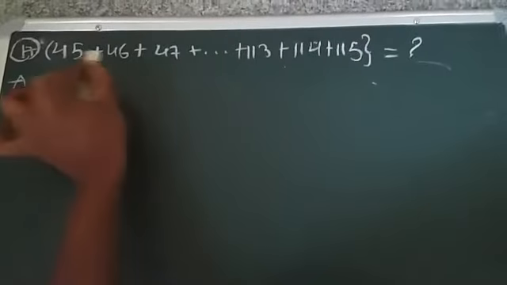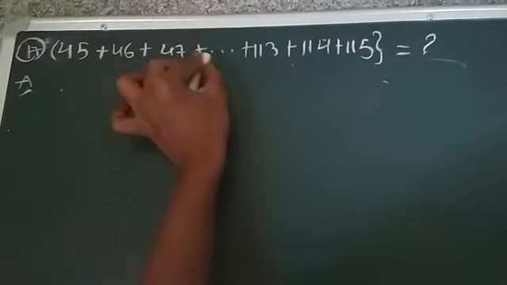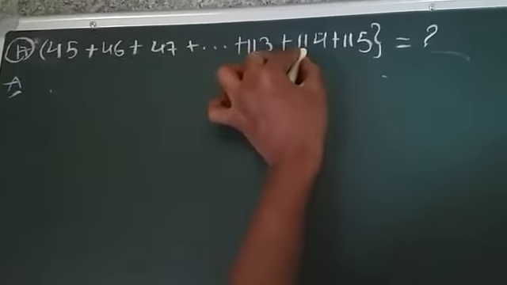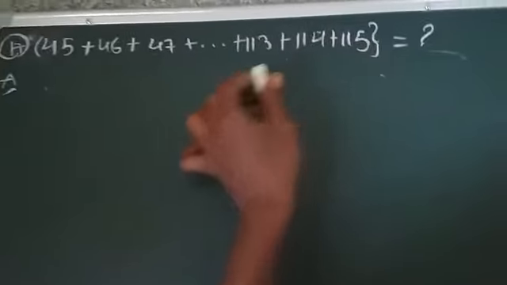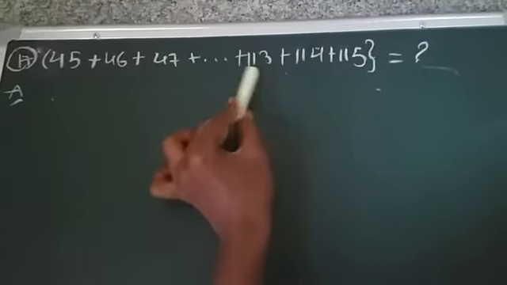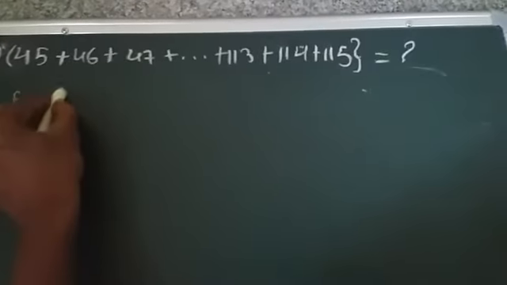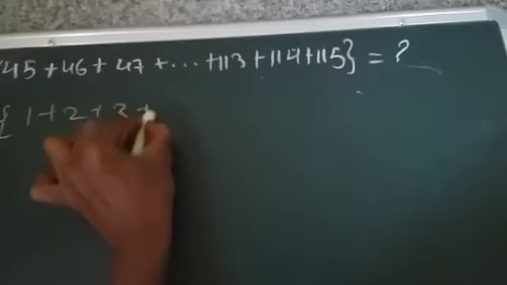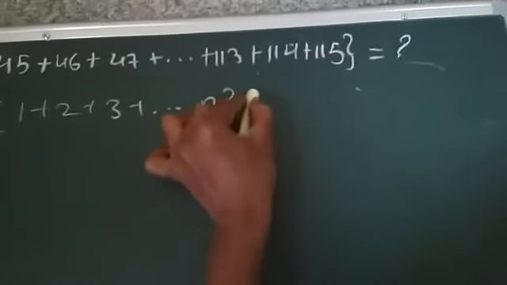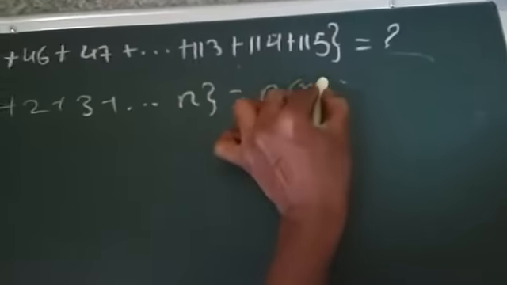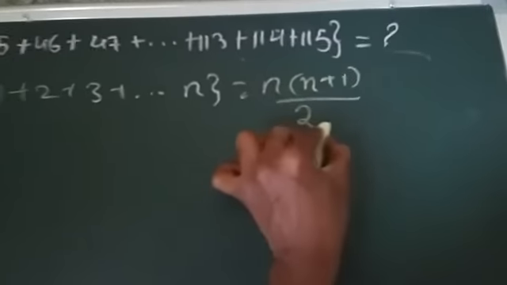See the next question. 45 plus 46 plus 47 plus and so on, 113 plus 114 plus 115. Here you have to find the addition result of the sum of the sequence. You know the formula for the sum of n terms, 1 plus 2 plus 3 plus and so on up to n terms, that is equal to n into n plus 1 divided by 2.